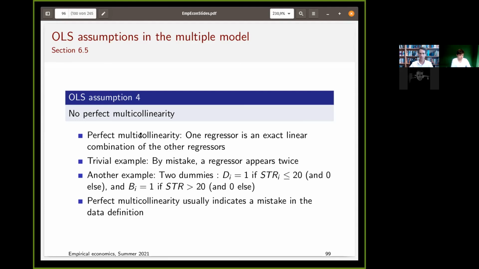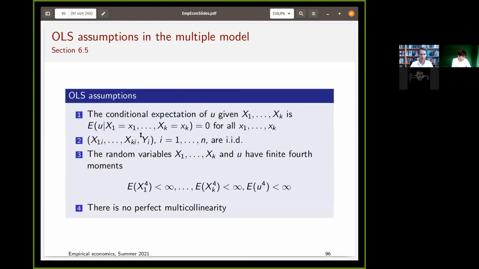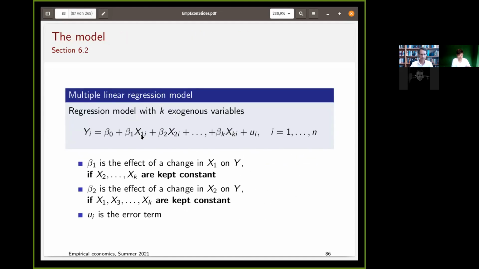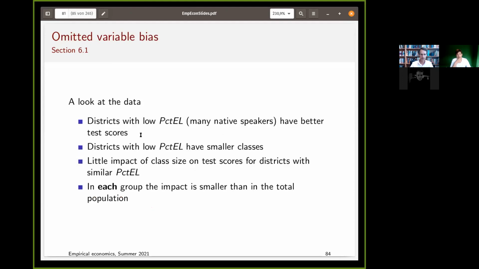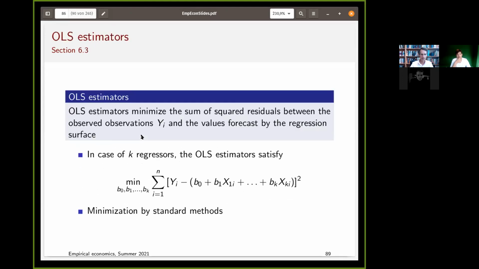And this must not happen, because in that case, it's no longer possible to really compute the values b1 up to bk, which minimize our objective function here.